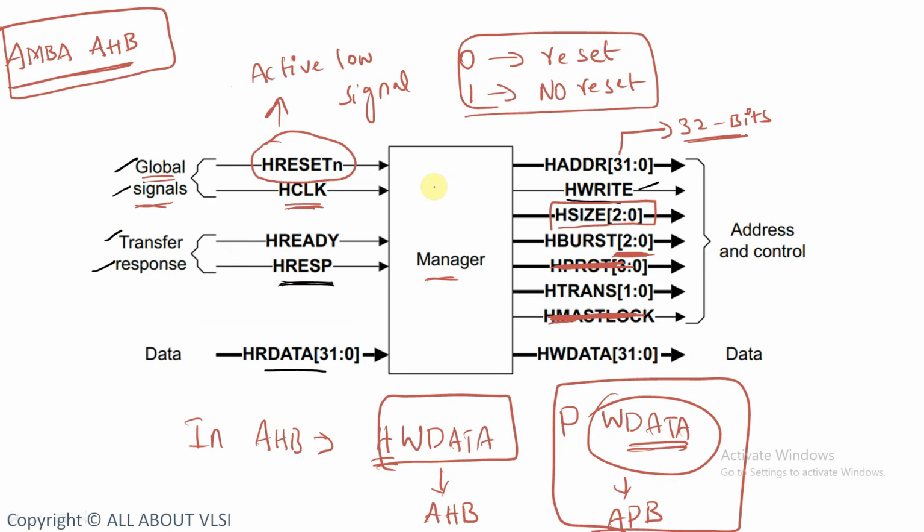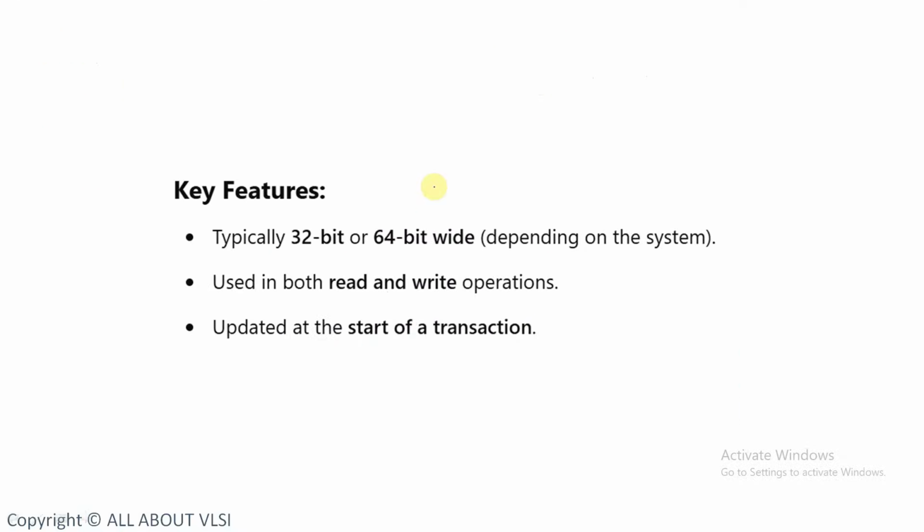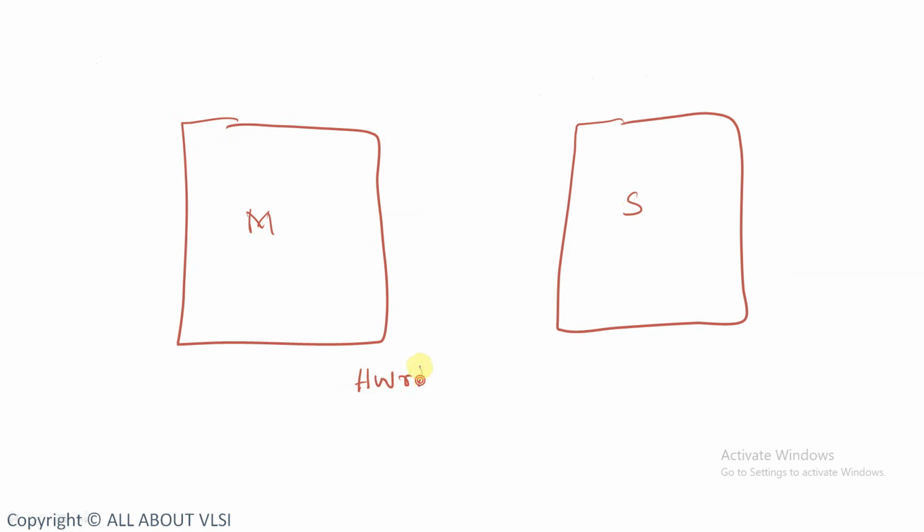And followed by HR data and HW data. So these are our data buses. So let's say if this is our master and this is our slave. In the case of write operation, that is HWrite is equal to 1. This is a write operation.